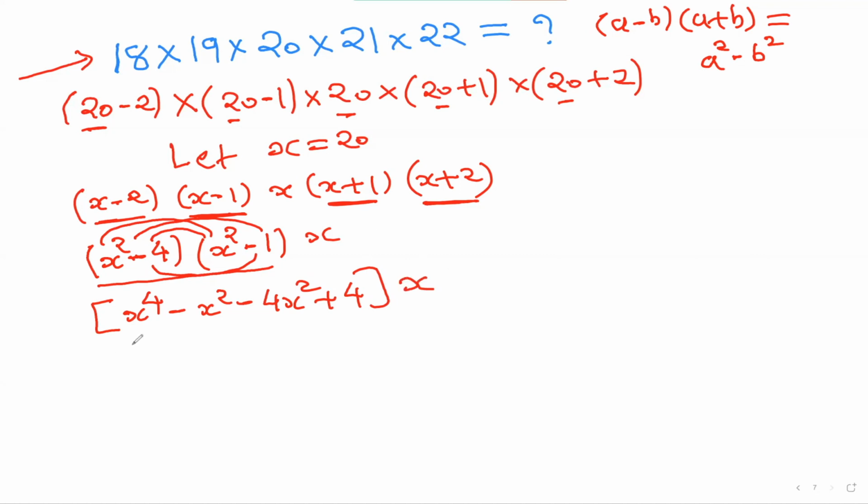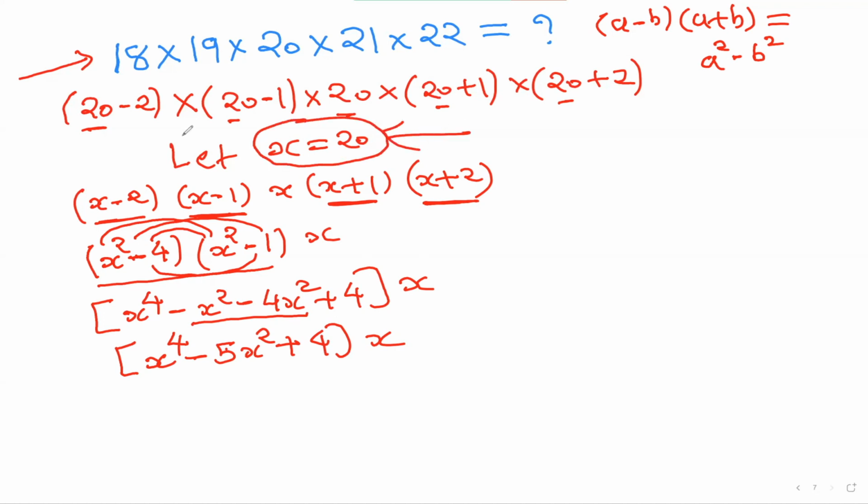Now I'll be collecting the like terms. So it will give me x power 4 minus x square minus 4x square. So these two are the like terms, which will become 5x square plus 4 and then times it by x. Now my x was 20. So I had taken my x equal to 20, which I can replace it back now.